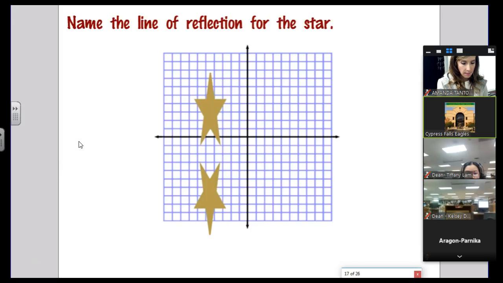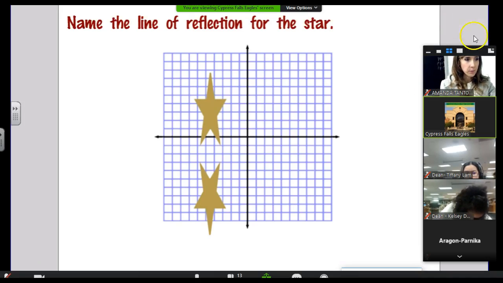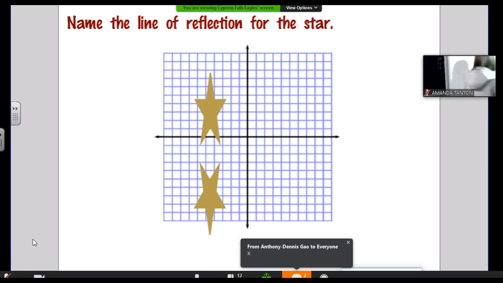Name the line of reflection for the star. Your line of reflection is not always going to be the x-axis, the y-axis, y equals x, or y equals negative x. It's not always going to be one of those four, but you can name it pretty easily. So you want to find that line that is equidistant between the two stars.